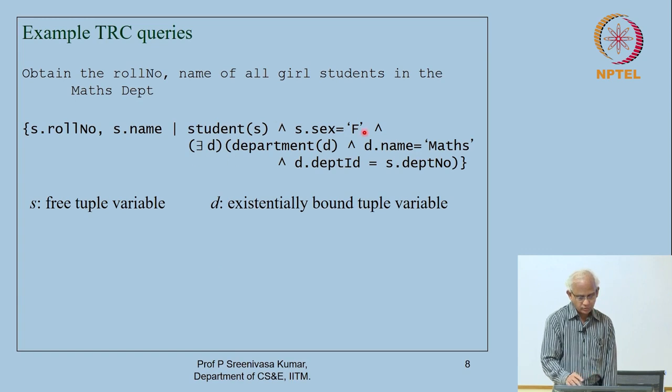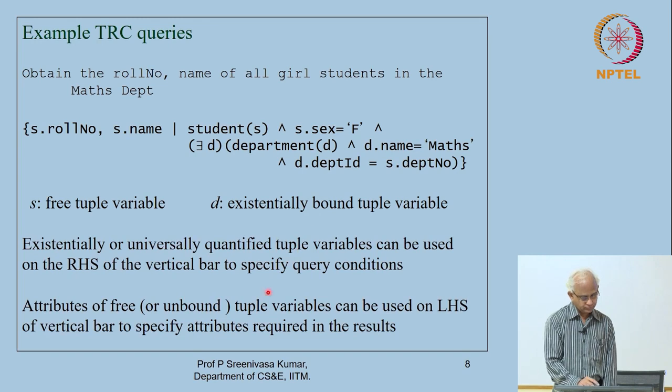So this is how we formulate queries in tuple relational calculus. Apart from the use of the student and department special predicates, the rest of it is like a predicate logic expression. Basically, we will use existentially or universally quantified tuple variables on the right hand side to specify the query conditions.